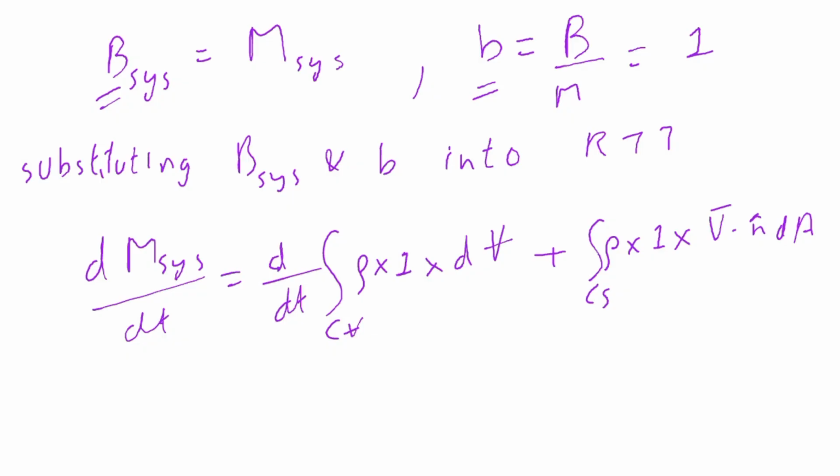We showed in the previous slide that this term is equal to 0 based off mass conservation. So if this term is equal to 0, you just substitute it here and you get a new expression, or you can simplify this expression of Reynolds transport theorem.